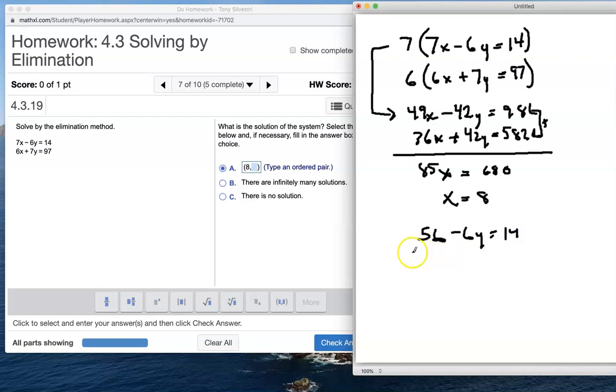I'm going to subtract 56 from both sides. And that looks like it's going to be minus 6y equals negative 42. Okay. And I guess if I divide by negative 6, I get y equals 7.